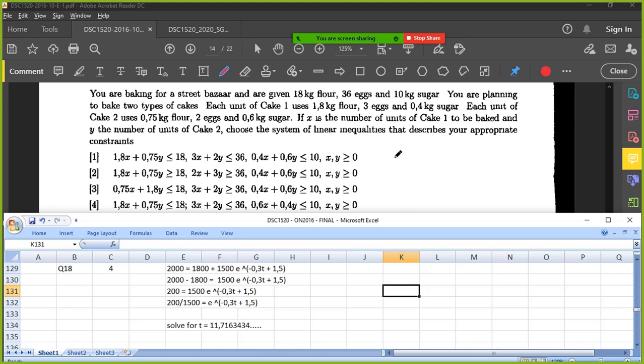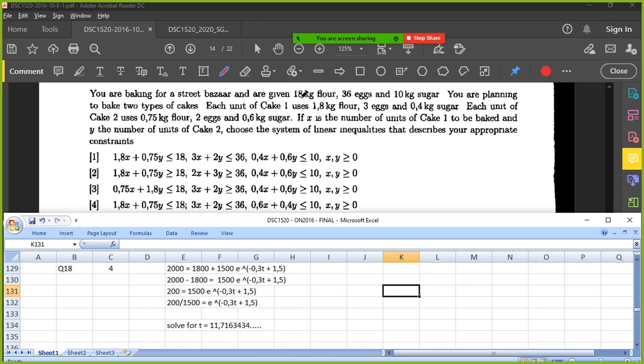So what do you want to look at first? The flour, the eggs, or the sugar? We can start with the flour. Give me the equation for the flour. It's 18.